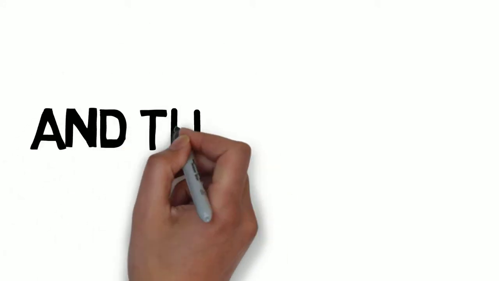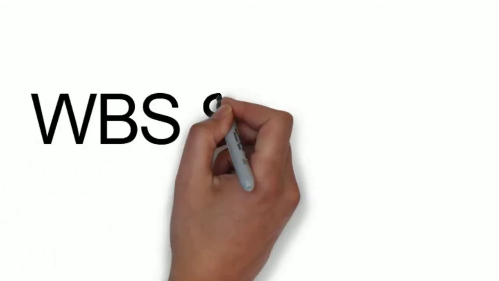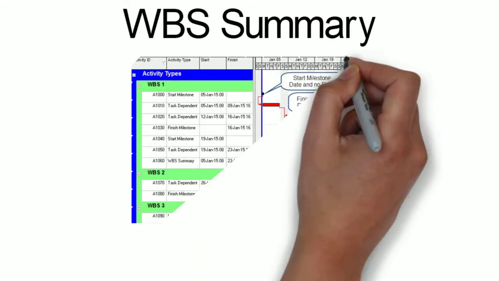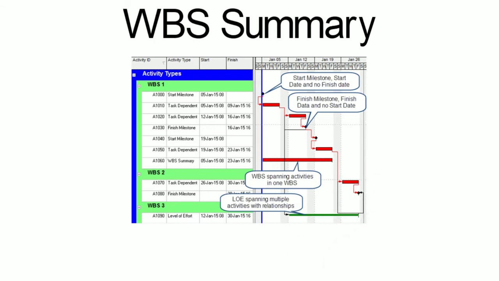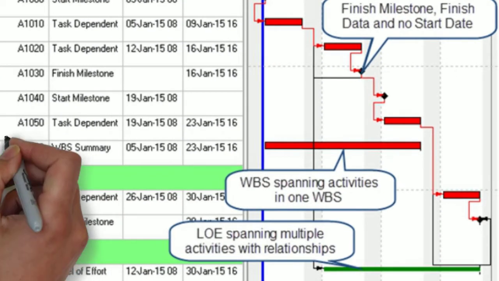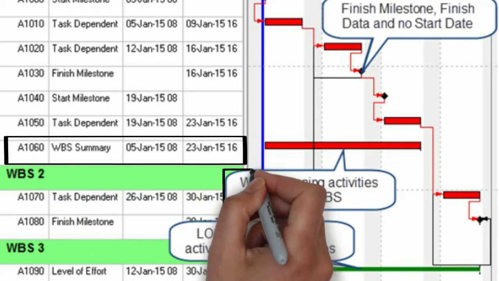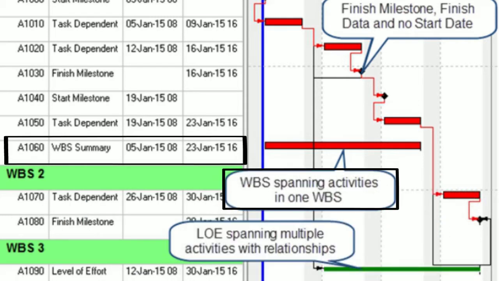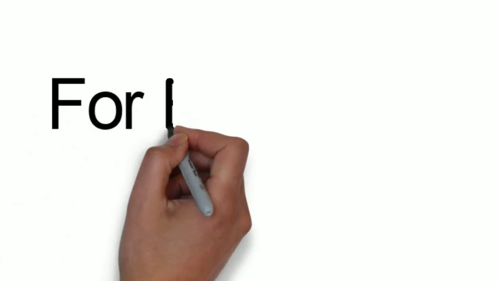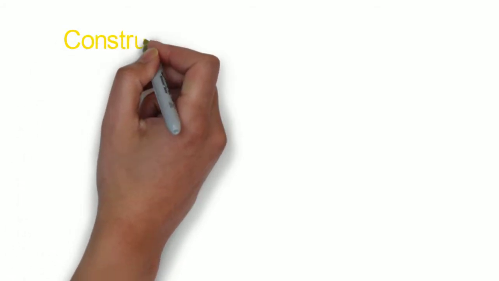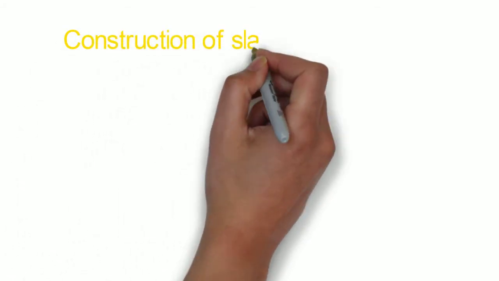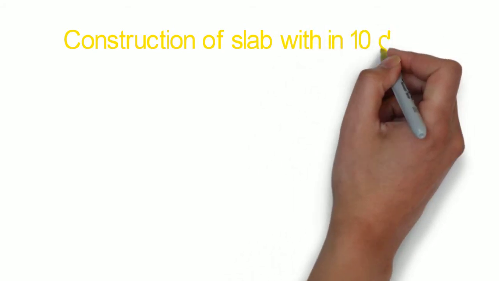And the last one, WBS summary. Here the WBS summary spans activities in one WBS. For example, construction of slab within 10 days.